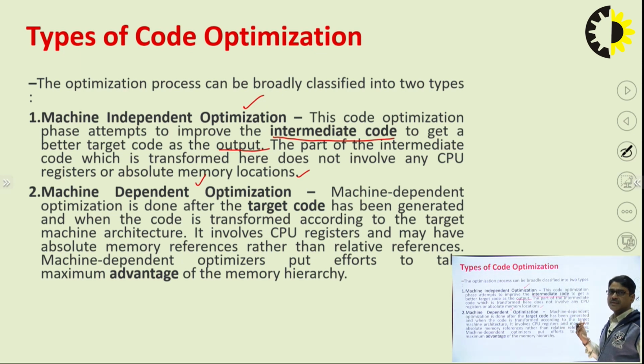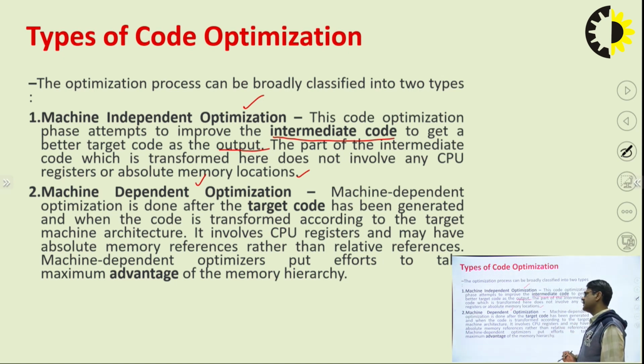It just optimizes the source code, not the code generated for the target. So this is called machine independent optimization, and it is the real phase of code optimization in the whole compilation process.